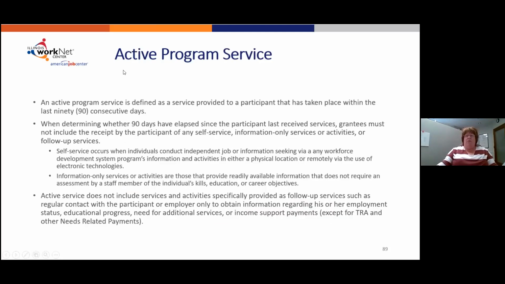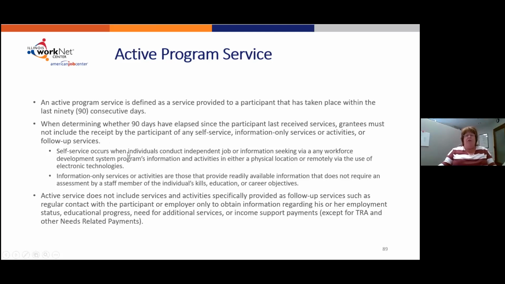And then we get into active program service for participants. So an active service is defined as a service provided to a participant that has taken place within the last 90 consecutive days. So when determining whether the 90 days have elapsed since they last received the services, you do not include the receipt by the participant of any self-service, information-only service or activity, or follow-up service, okay?